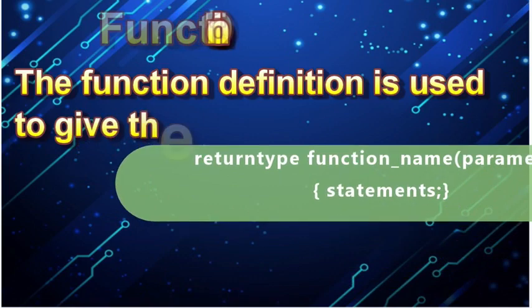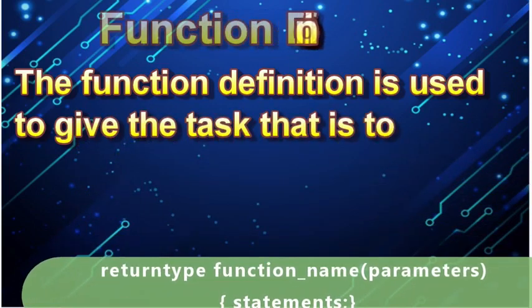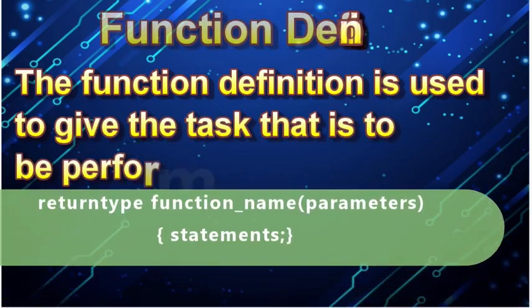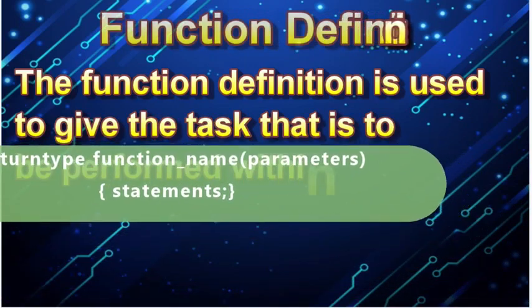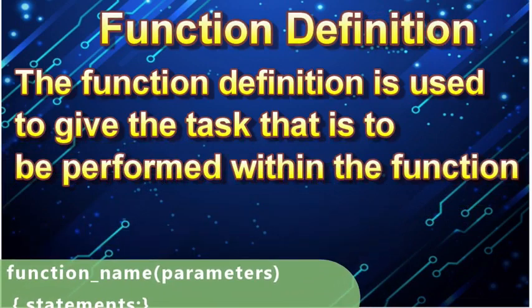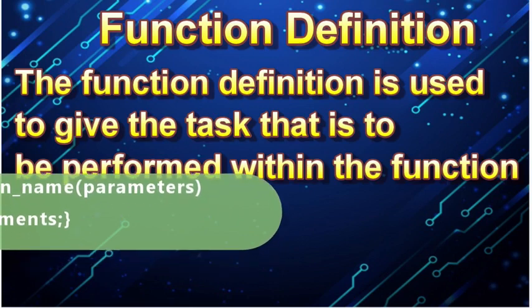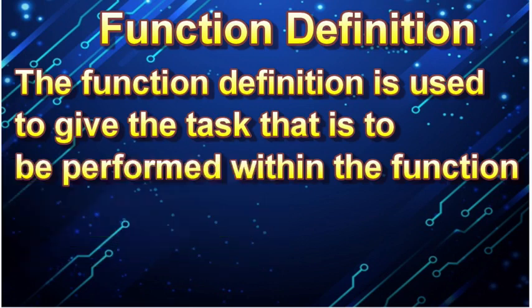Calling and definition: the prototype will only work if we have given something into the function. That is called the definition. What makes it different from the declaration is that declaration is just declaring it, and the definition means defining what we are going to use in that function. I have declared the data type, the function name and the parameters.